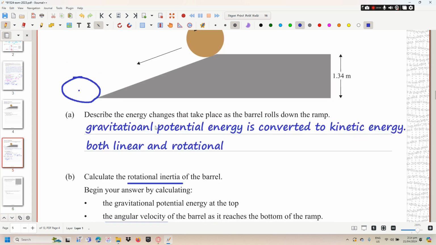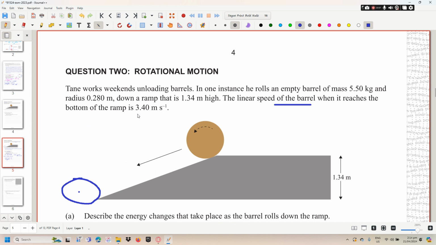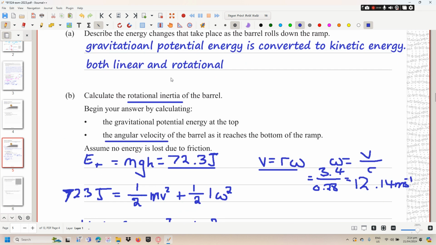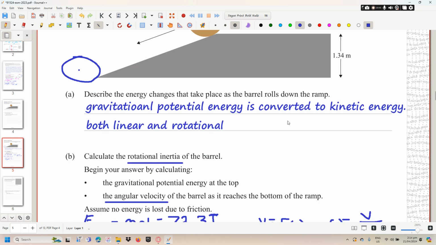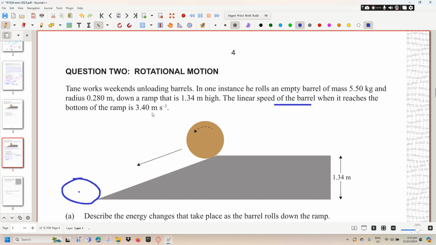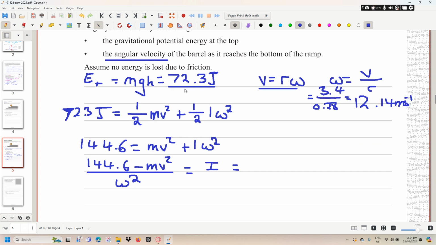So the mass of the barrel is 5.5. The speed of the barrel at the bottom, we're given that, is 3.4. Let me square that. And then we divide everything by w squared, which was in radians per second, 12.14 squared.